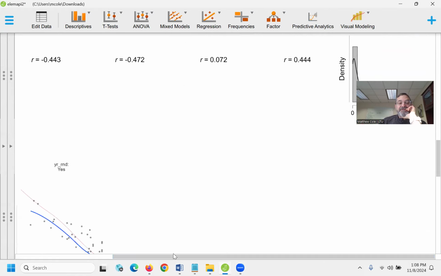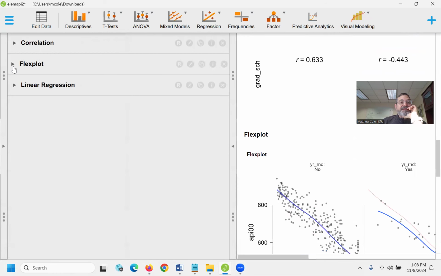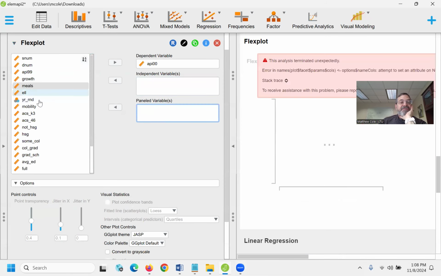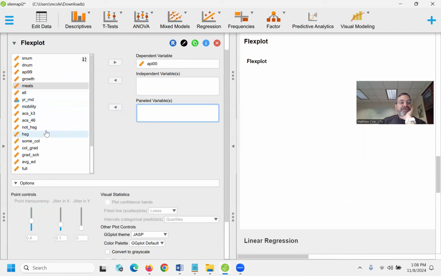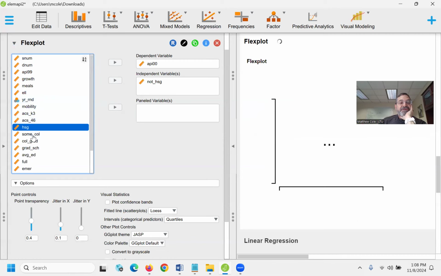It's pretty cool. Let's see how many we can do with the flex plot. I'm not actually sure how many variables we can add. Let's find out. We have API, and then we put in not high school, and we put in high school, and we put in some college. Oh, you can only do 2. So it stops at 2.